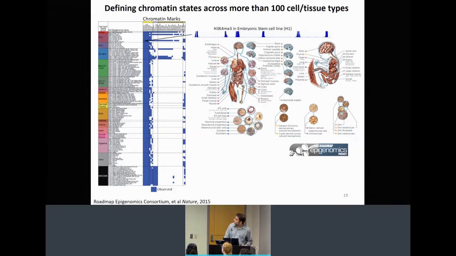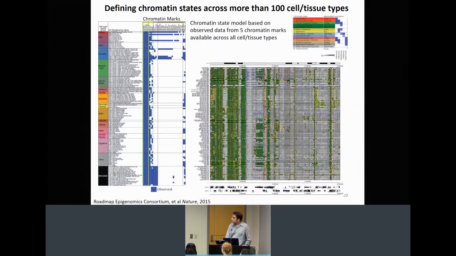So that means we have experimental data tracks like this; that mark was available in that cell type. So one thing which we did with this is we learned a chromatin state model based on the 5 marks which were available in all 127 of these reference epigenomes, which span a diverse range of human biology: brain, blood, stem cells, digestive, and so forth. And this is a 15-state chromatin model based on those 5 marks.